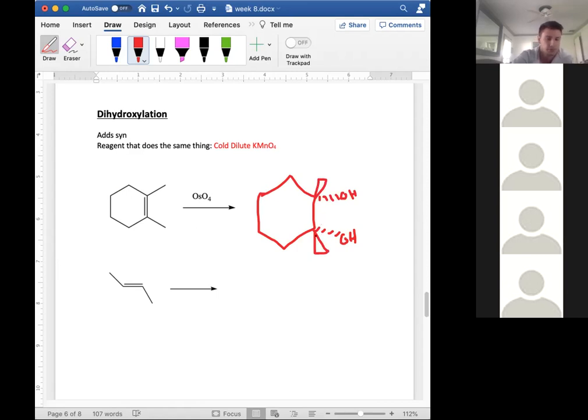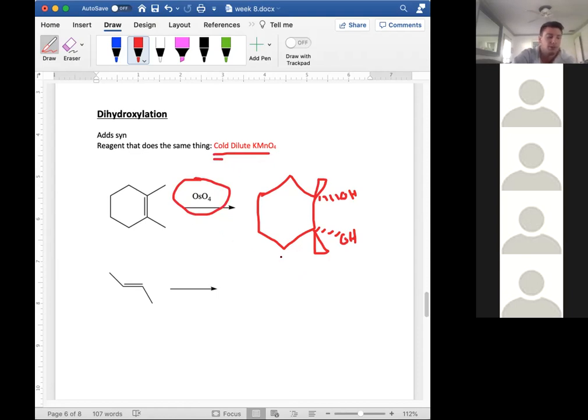That's all. Right? So your common reagent will be this, but just keep in mind that cold, emphasis on cold, cold KMnO4 can have this occur as well, right?